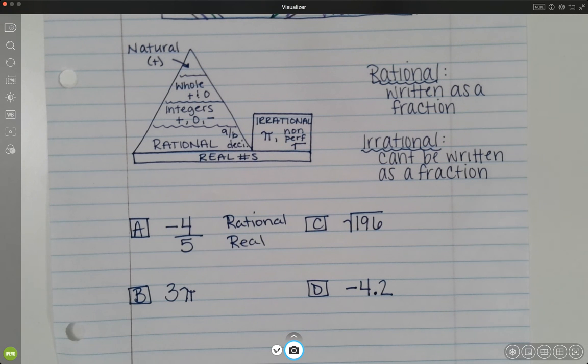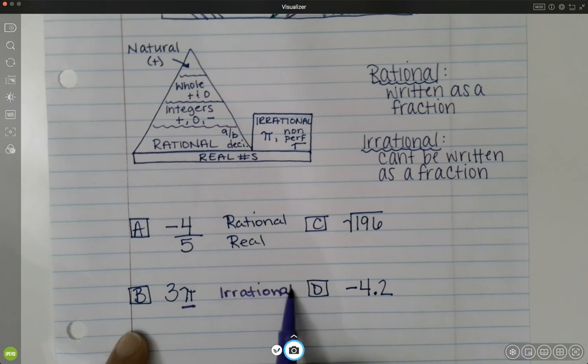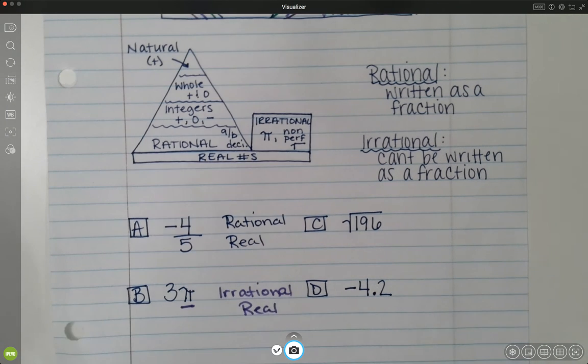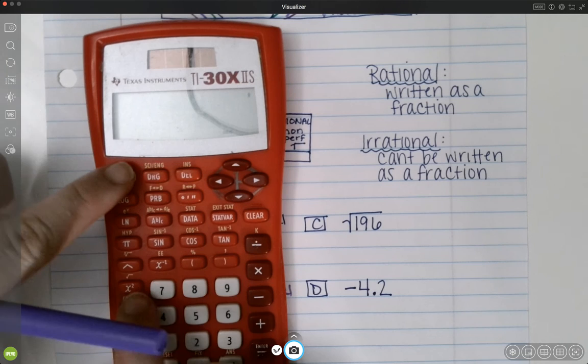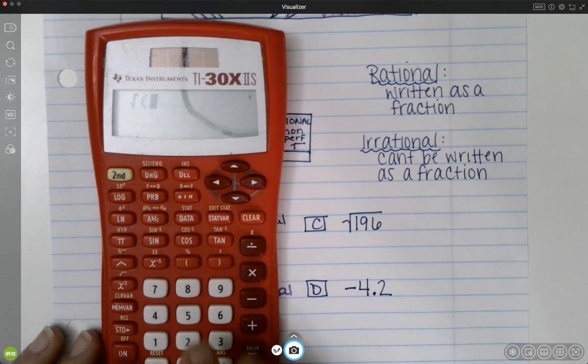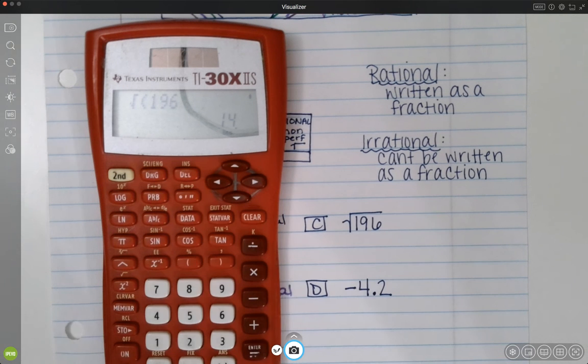All right, some answers for you. This has pi, so this automatically has to be irrational, which is also inside of real. For the square root of 196, if you forget how to type it in, remember it is second x squared, and then we type in 196 equals, so we get the whole number of 14.